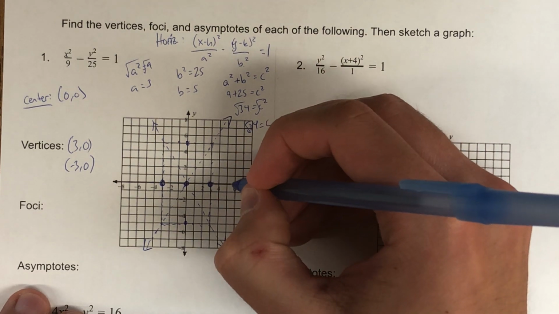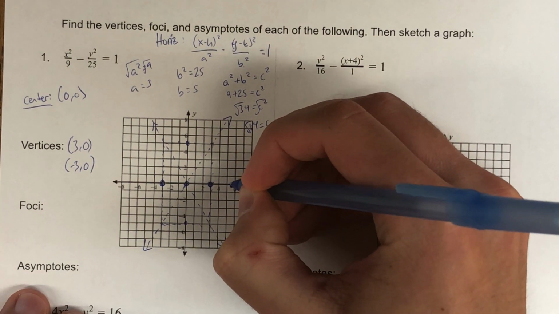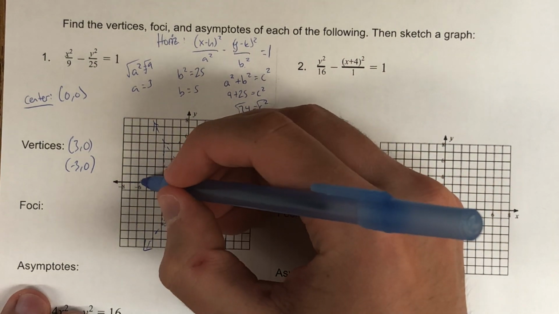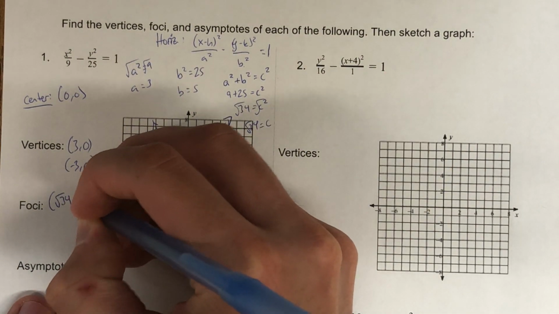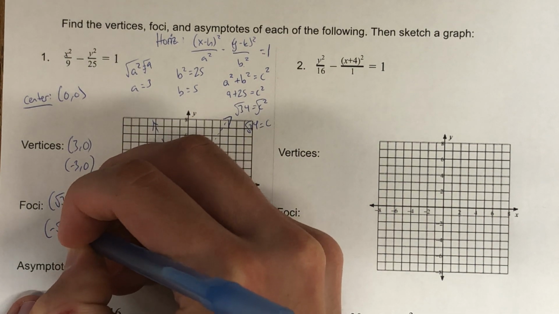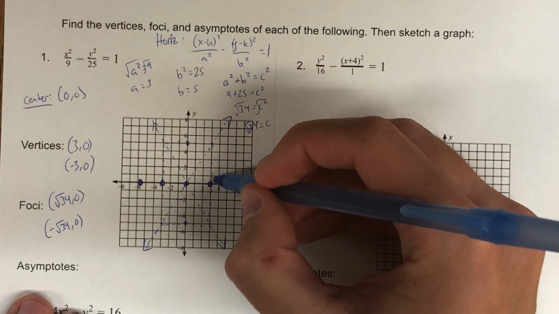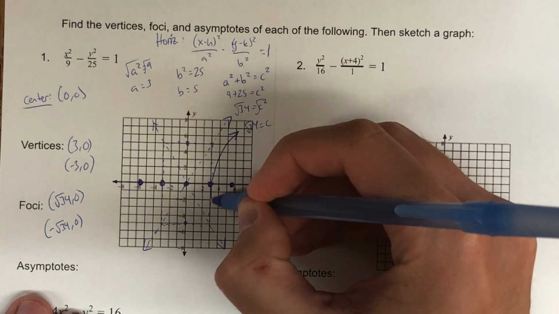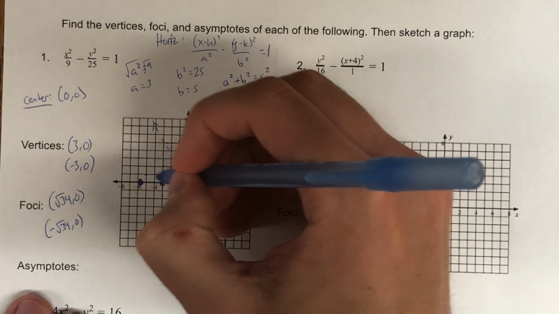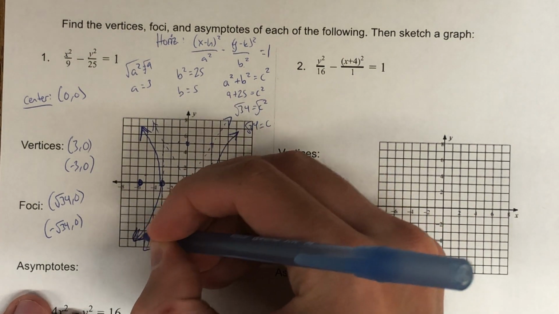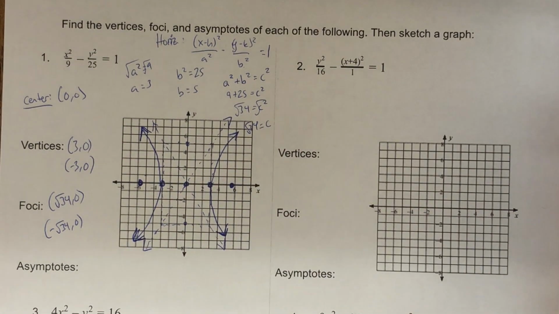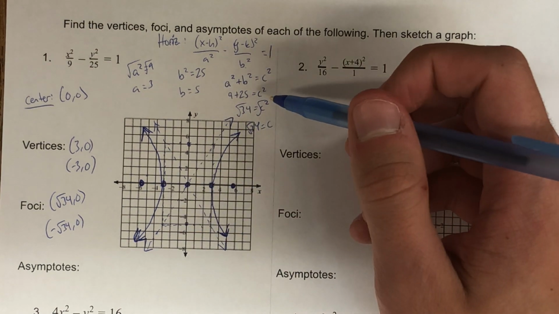So we'll have foci about here, a little less than 6 to the right and a little less than 6 to the left. Those will be our foci at (root 34, 0) and (negative root 34, 0). Our hyperbola will trend towards these asymptotes around the foci. The last thing we need to do is be able to represent these asymptotes.